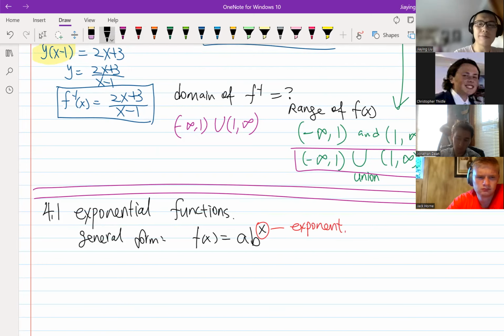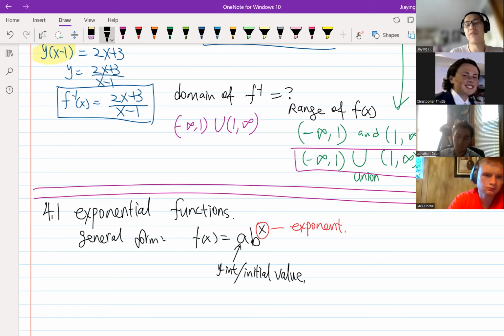And the a here is the y-intercept, because if we set x equals 0, b to the 0 is 1, so we get f of x equals a. So this is the y-intercept. It's also often referred to as the initial value, because it's the value when x equals 0.